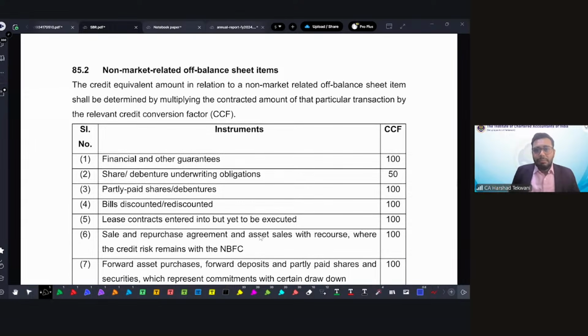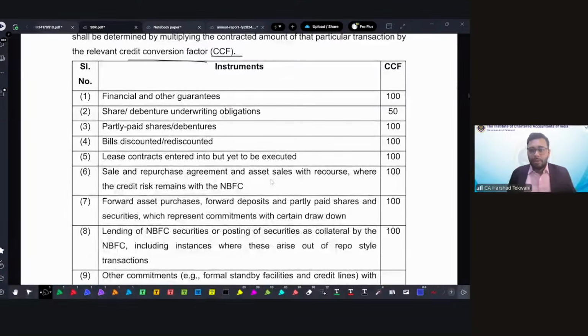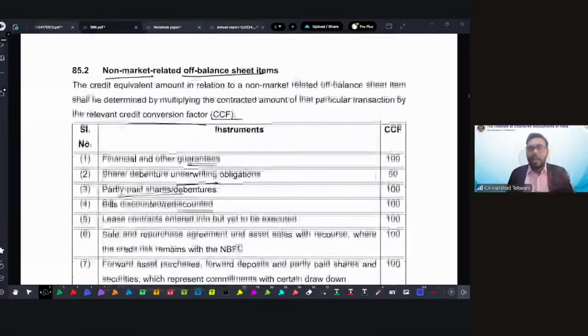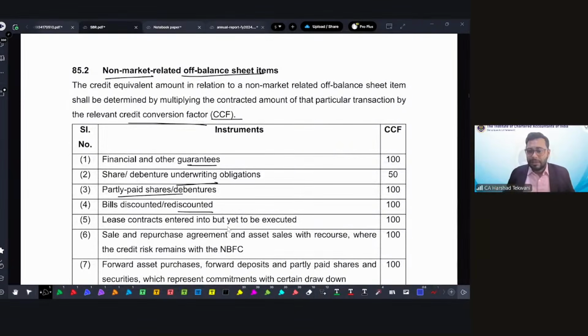So these are non-market related off-balance sheet items. The way we have a risk level for that, we have a credit conversion factor, CCF, that you need to determine and multiply to get the amount. So guarantees, underwriting, partly paid shares, rediscounted items, all those things which are in the nature of contingent commitments are covered under the off balance sheet items, which are not there on the balance sheet.